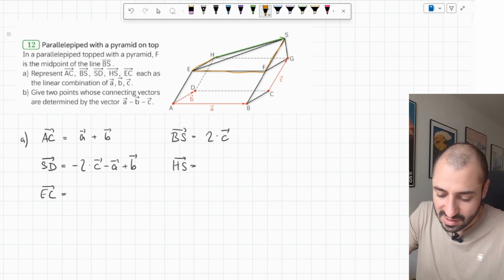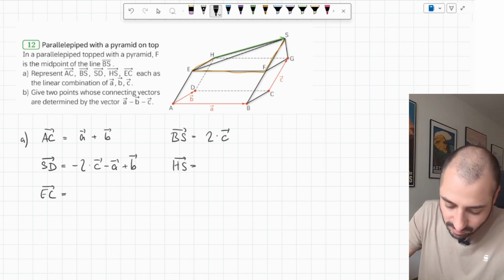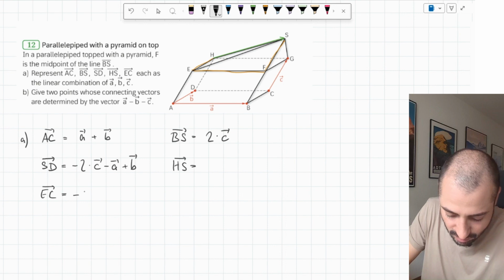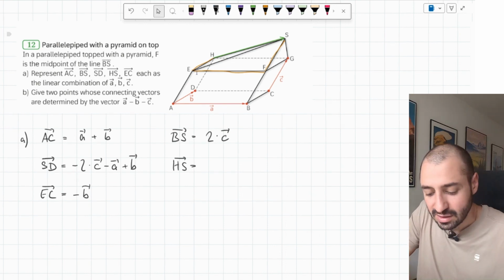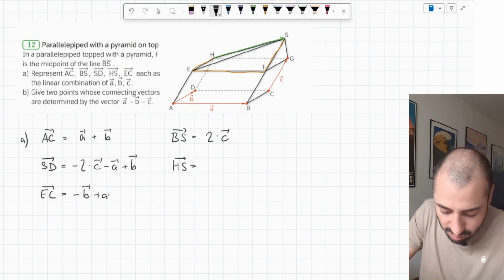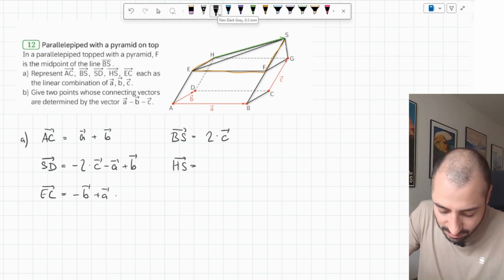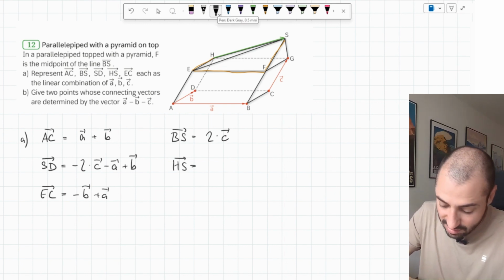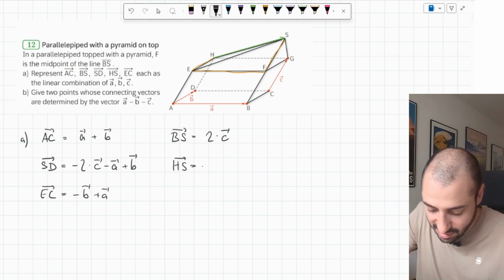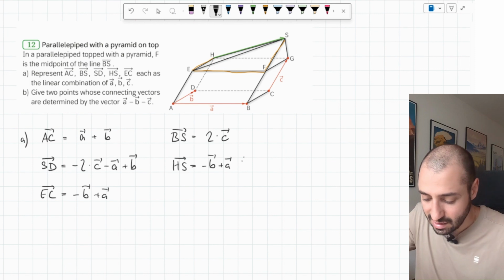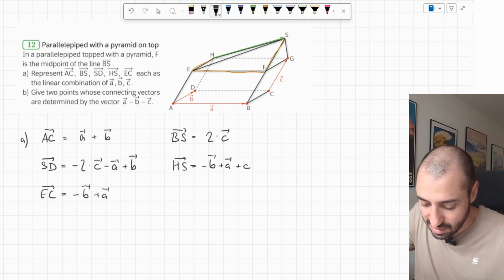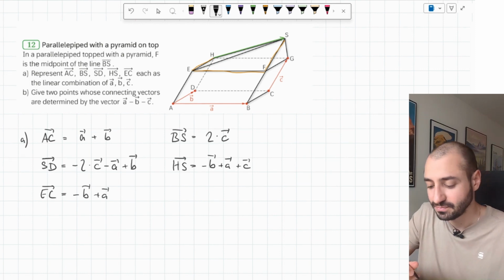So this part here would be minus B, then this part here would be A, so plus A. And then the last one is plus C. Oh, actually, I'm doing it wrong. It should be here, minus B, plus A, and then plus C, right?